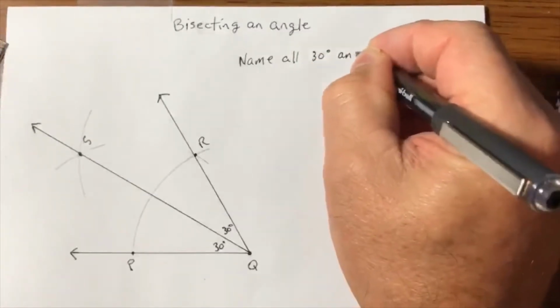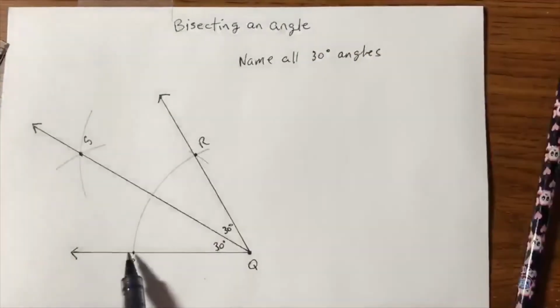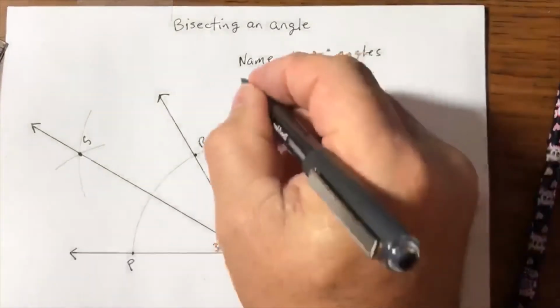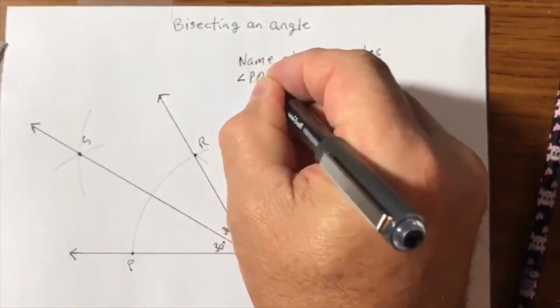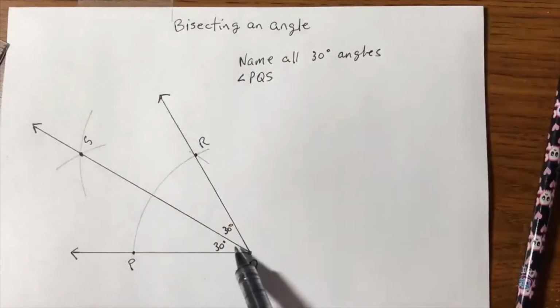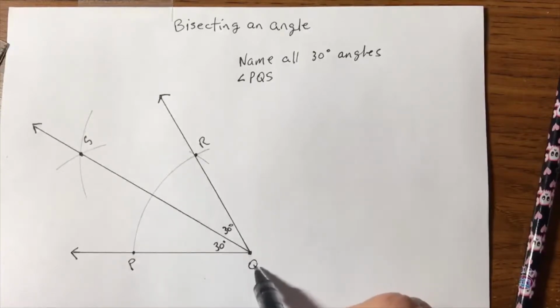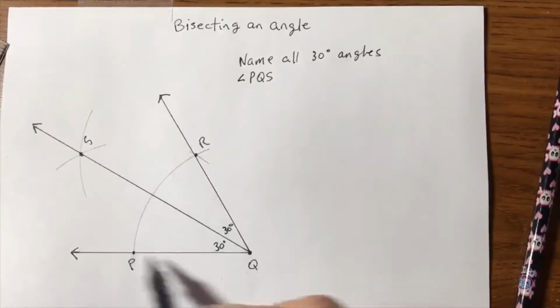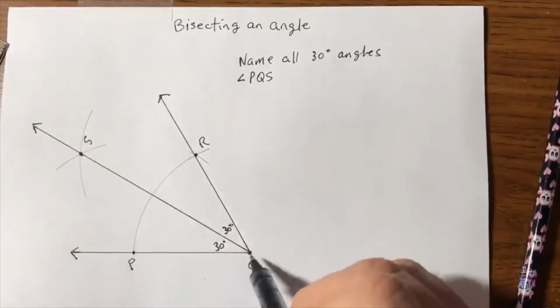All right, so PQS. So we would say angle PQS. Remember, the angle that we are naming has the vertex at Q. It forms the point where the two rays meet at this point.